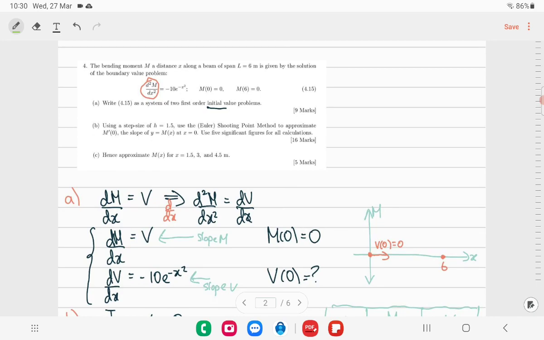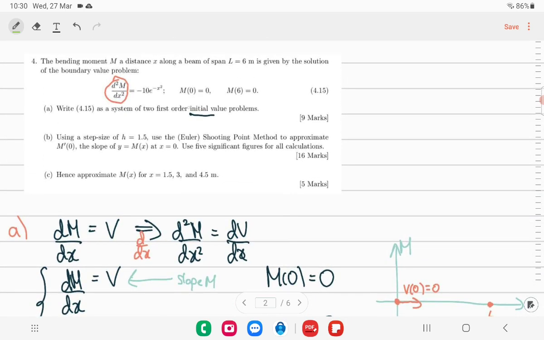Okay, so this one, you have information about the solution at two different points. So this makes it a boundary value problem. The first thing then, most important, is to write it as two first order initial value problems.